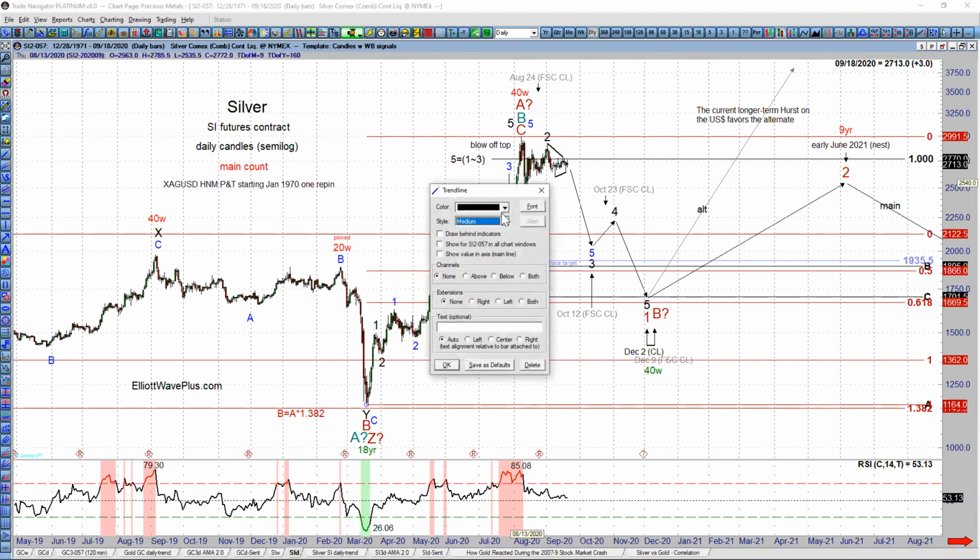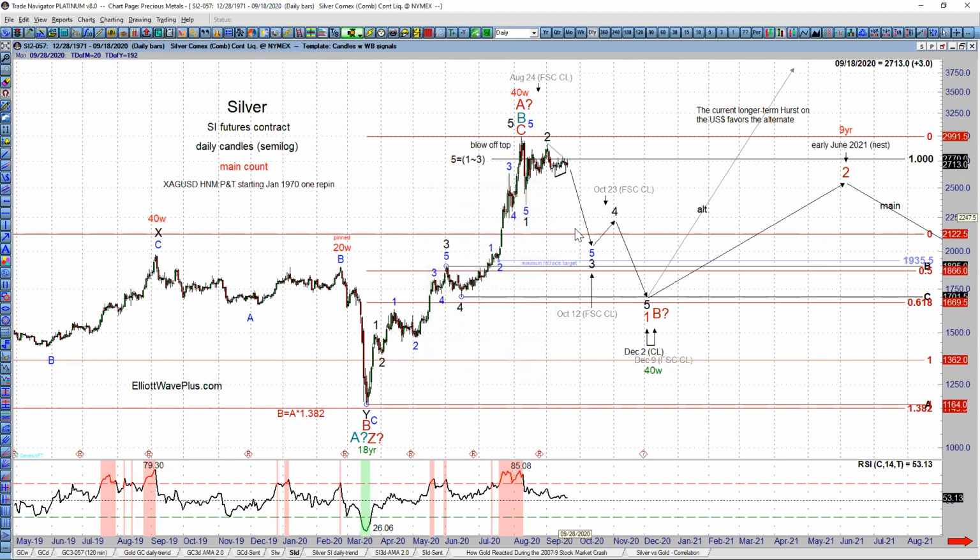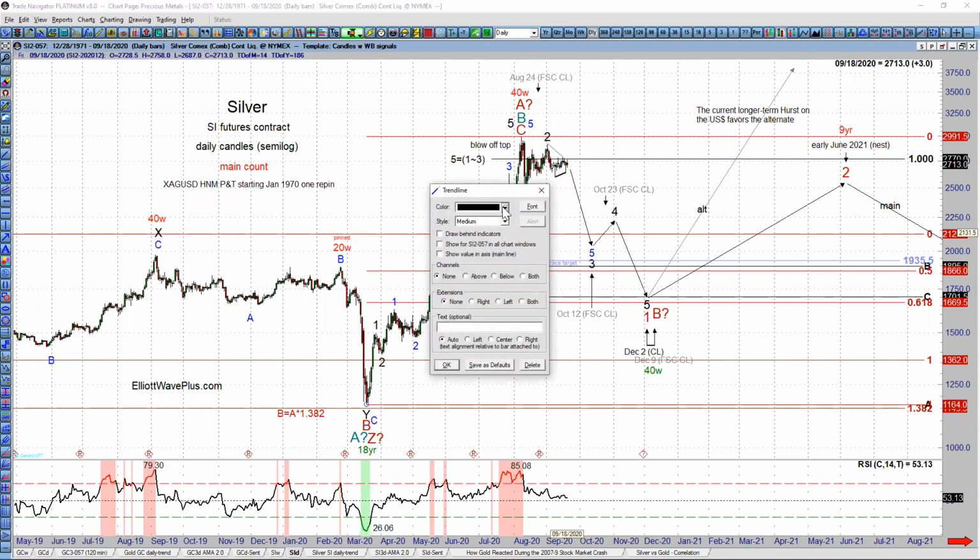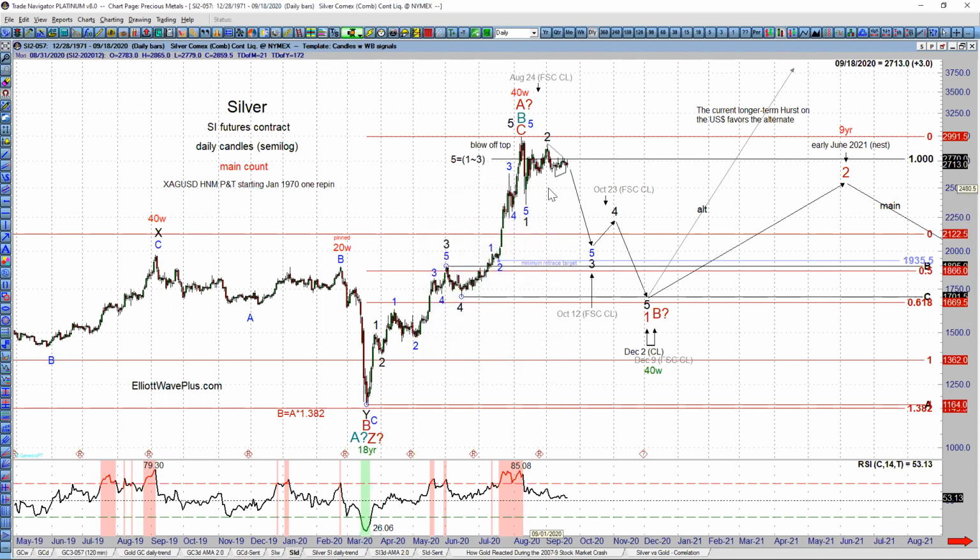That's the only way I'm able to label this in silver as a triangle, a bearish triangle. Let's see, A, B, C, D, E. Yeah, I guess there is a way to label it as a bullish triangle as well.